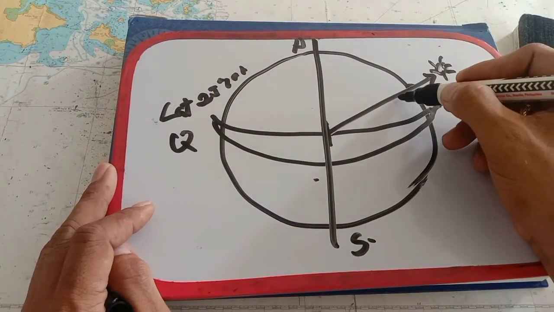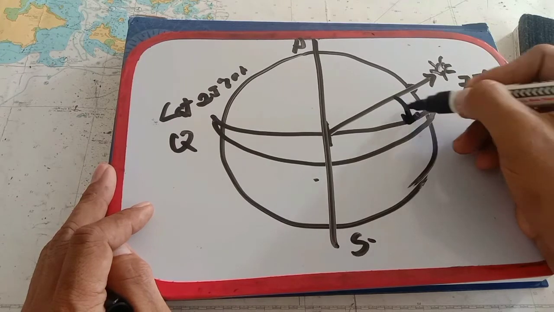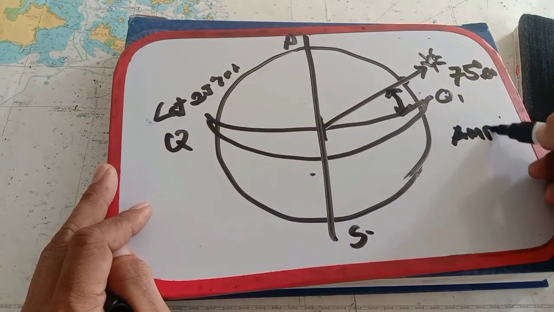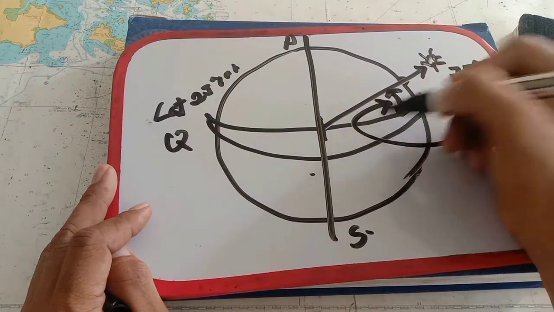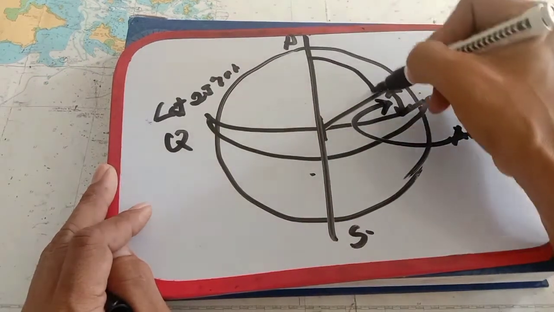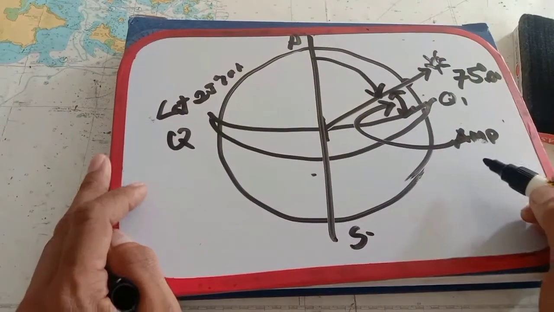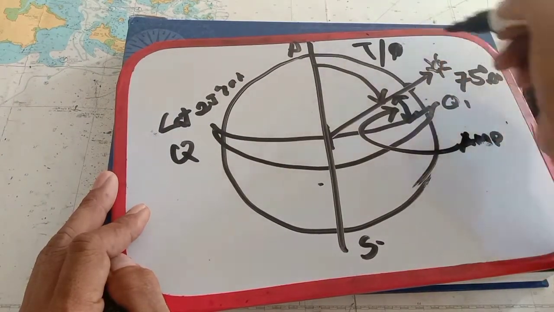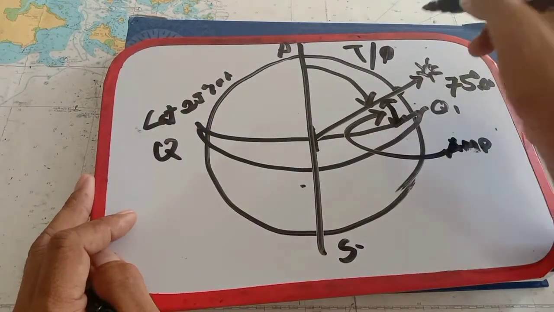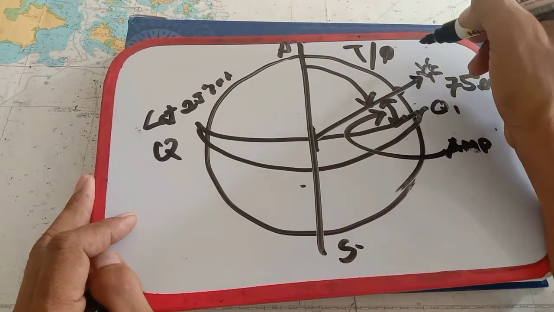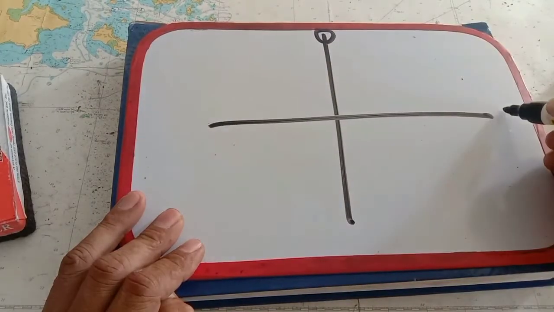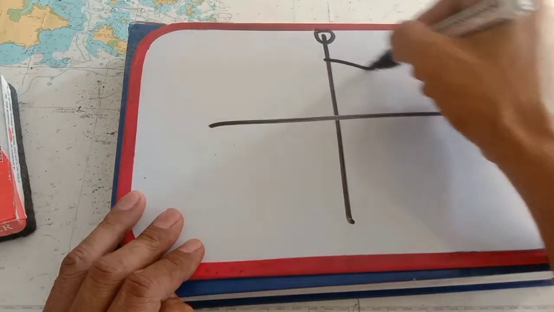So this one is the amplitude of the sun. And this one is the true bearing or true azimuth, 90 degrees.